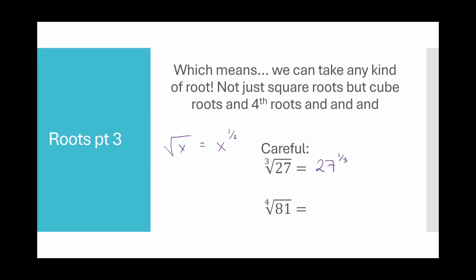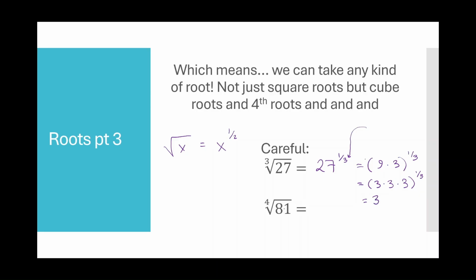And what we're saying here is what number multiplied with itself 3 times gets you to 27. So since we can write 27 as 9 times 3, which we could write as 3 times 3 times 3, you can see I have 3 in there 3 times. The cube root of 27 is 3.